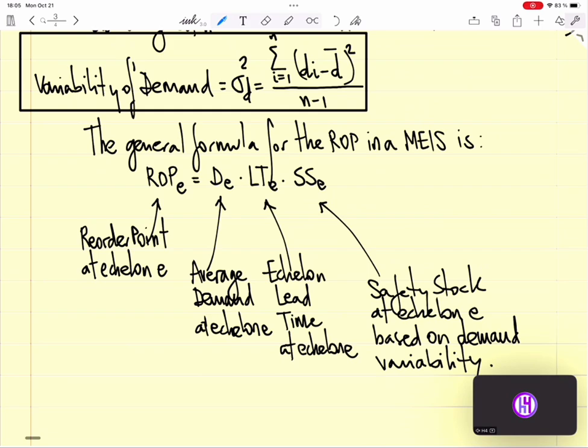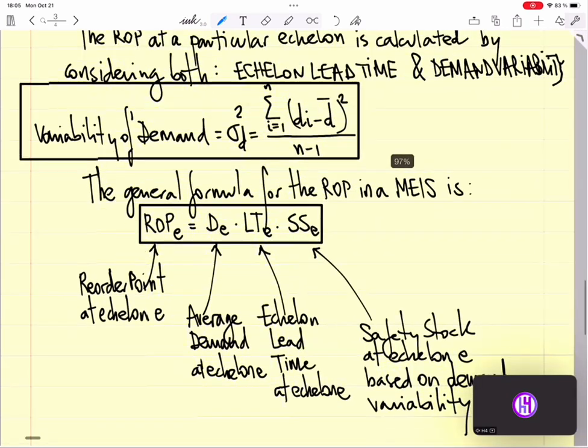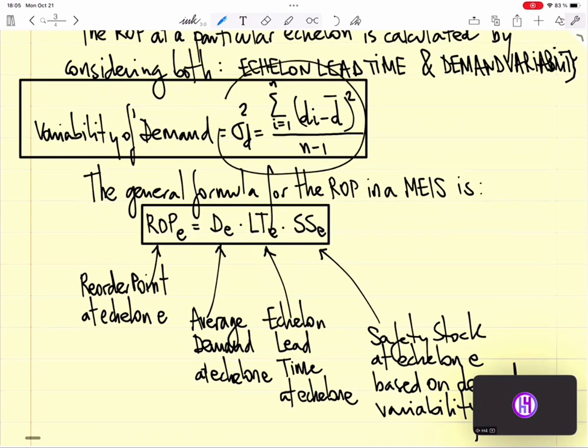Okay, this is a super simple formula that actually simplifies lots of statistics. You have noticed we don't have a standard deviation here. The average demand is what we have, to use the same nomenclature.